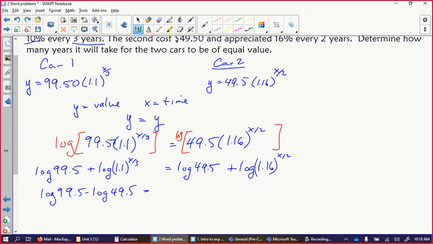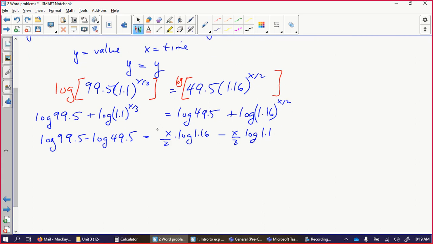I'm going to move that x over 2 minus, so we normally write it like this. That's a number. We can figure that out. I'm going to leave that alone. It's these two bits that are tricky.